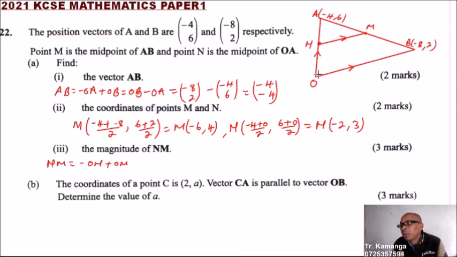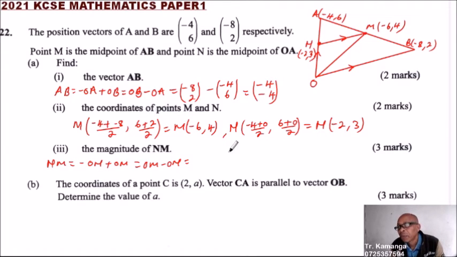Remember, we have already obtained the coordinates of M and N. Our M we have found is (-6, 4), and our N is (-2, 3). So getting these vectors is easy. This is equal to OM minus ON.